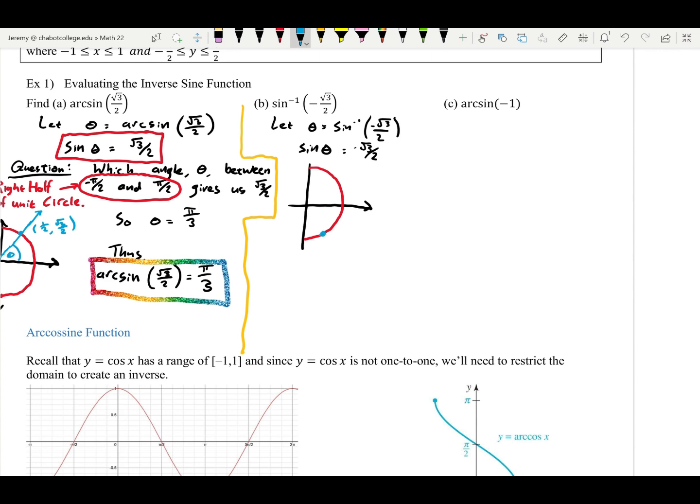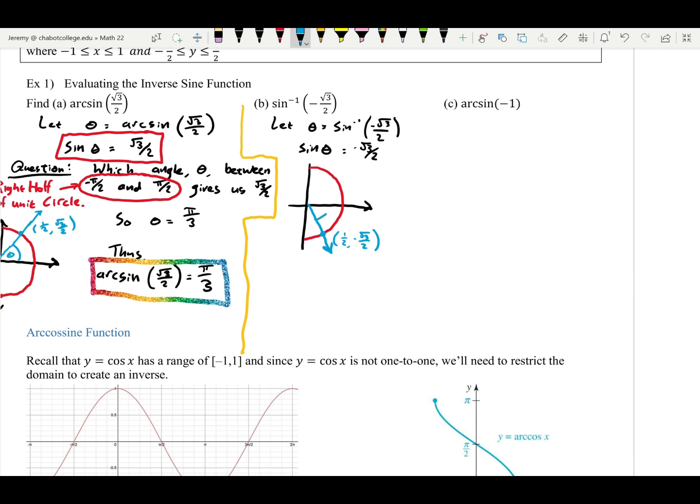So down here I have this ordered pair 1/2, negative root 3 over 2. So there it is, y coordinate is negative root 3 over 2. And I'm just asking myself now, what is this angle? What is this angle down here that gives me this? This is going to be negative pi over 3 this time.